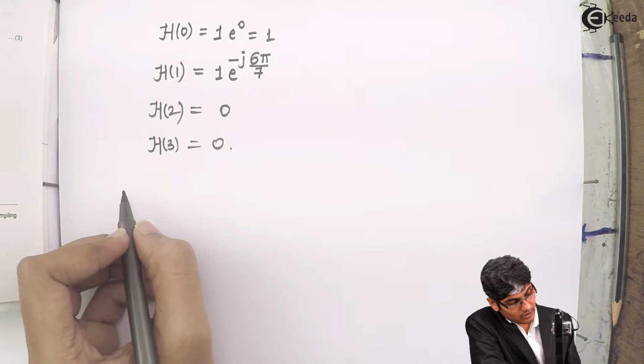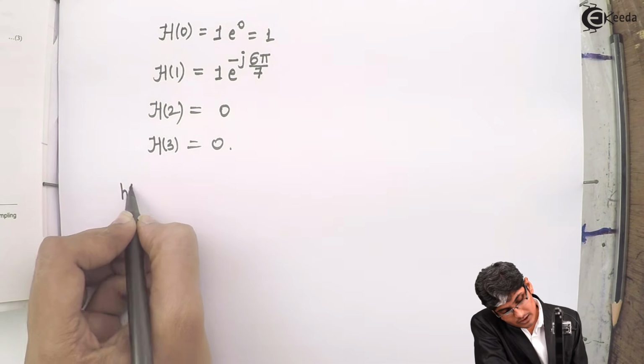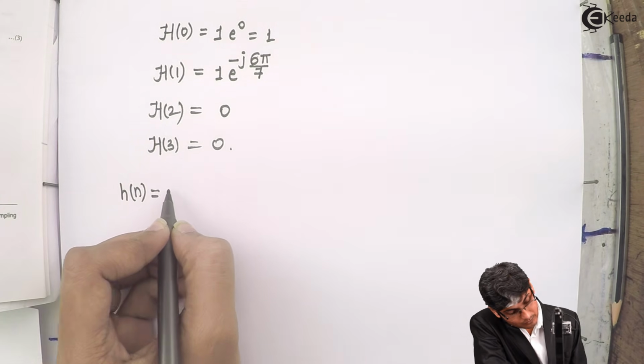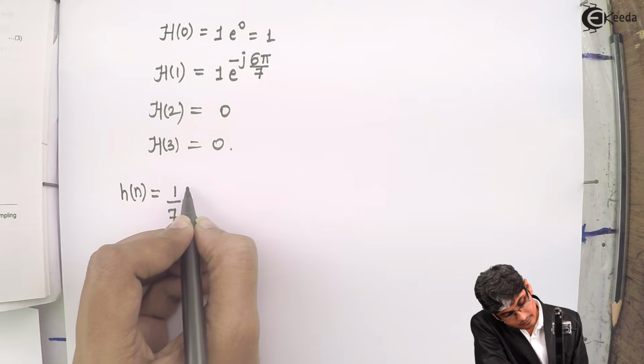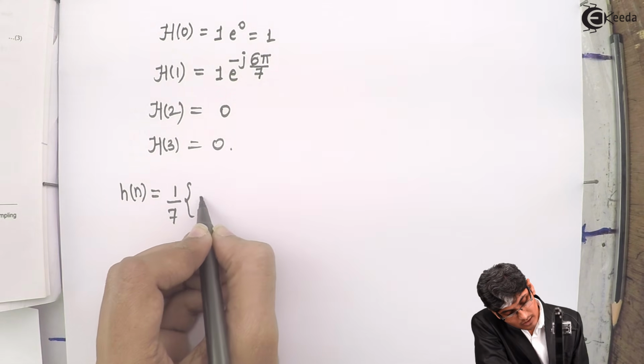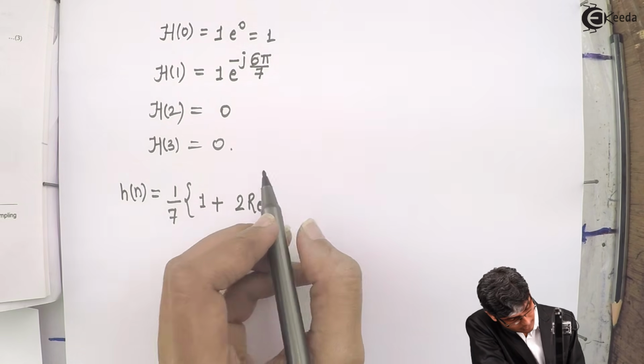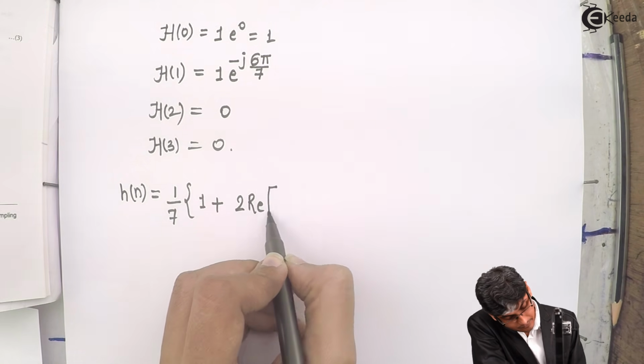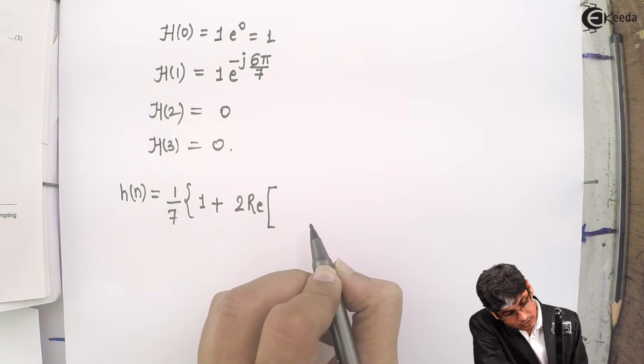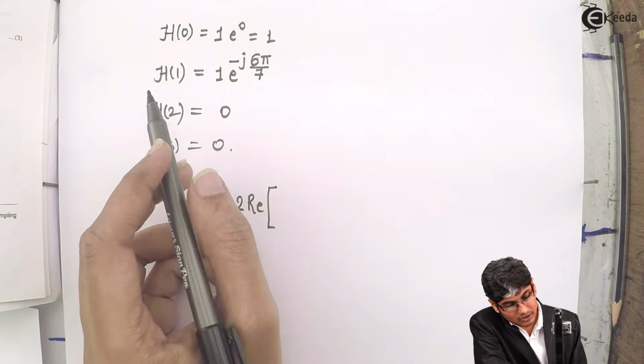So if you see the summation now, it comes as h of n equals 1 over 7, okay. H of 0 is 1 plus 2 times real part of h of 1, because summation starts with 1.